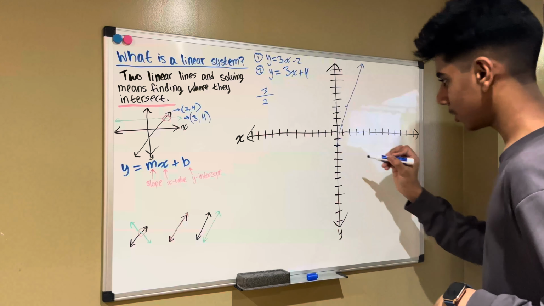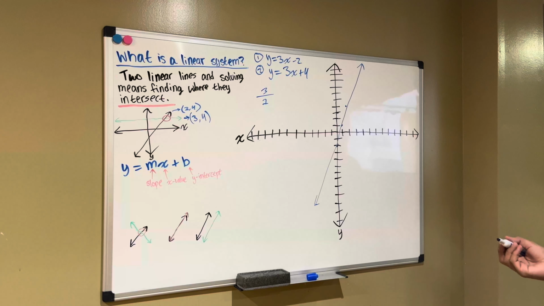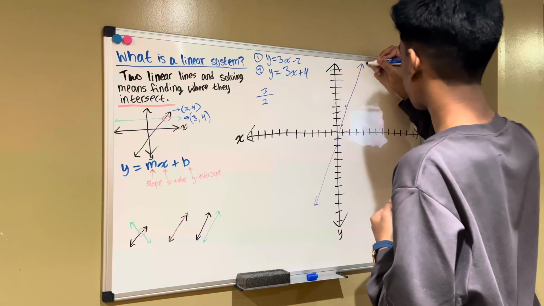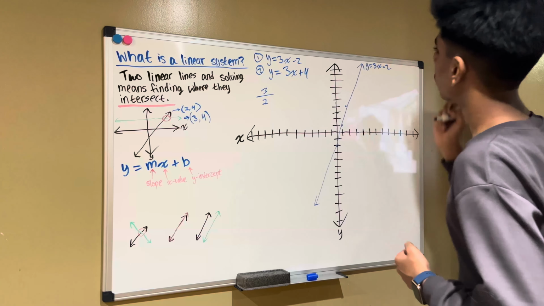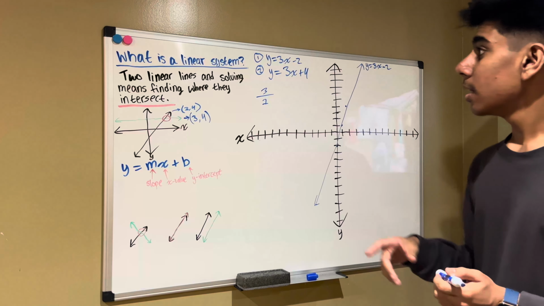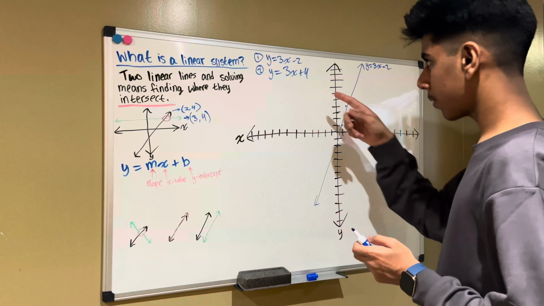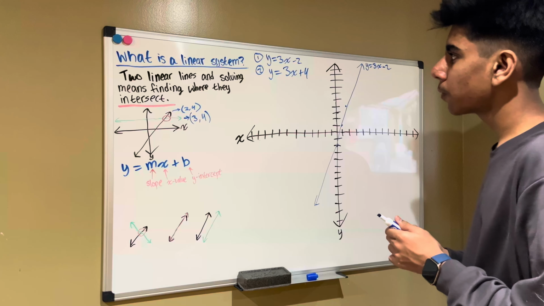Wow, that didn't even touch. Okay. And obviously, label your linear equations. So this represents y equals 3x minus 2. Okay, now let's go on with graphing the second equation, which is y equals 3x plus 4.